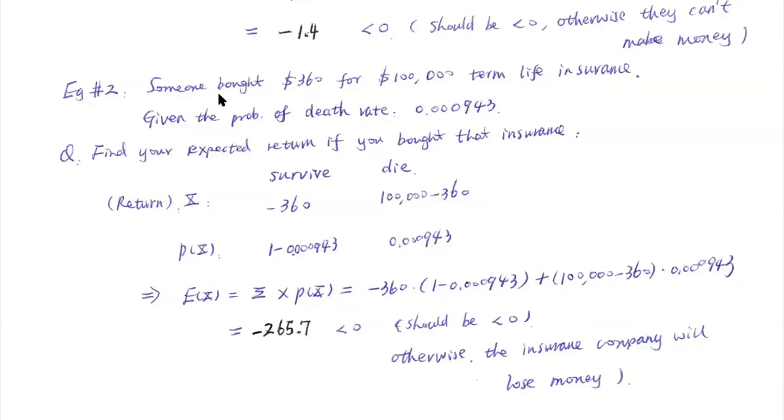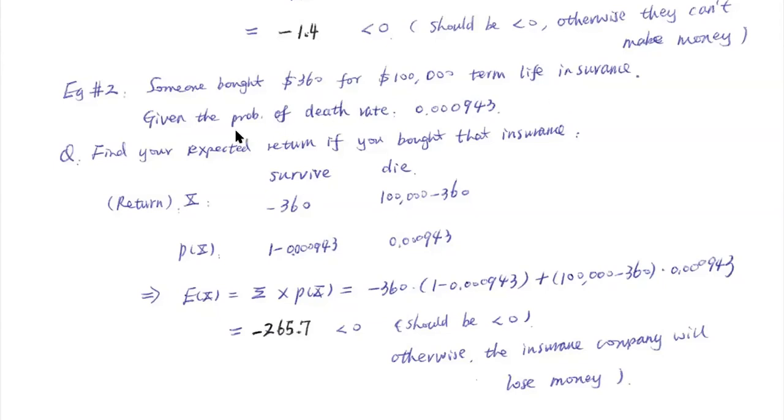So say someone bought this life insurance, paid $360 for this $100,000 term life insurance, right? So almost like $1 a day, right? That seems not a good amount, you have to pay quite some. You get $100,000 in case we die, right?